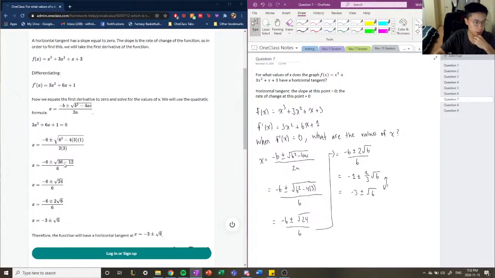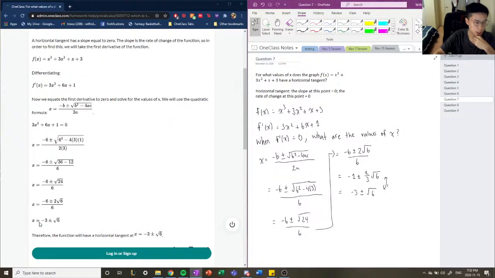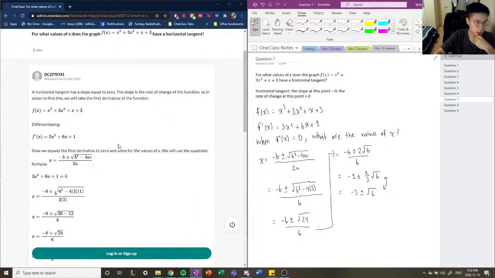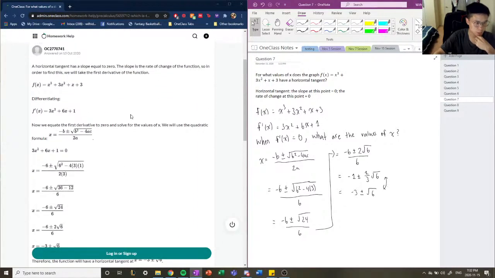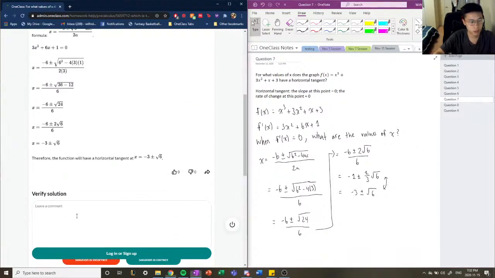They used a quadratic formula to find our x's that make this f prime of x equals 0, and then they concluded that these points will also be related to the original function, where at these points of x, there will be a horizontal tangent on the original function. Okay, the solution is correct. Good work.